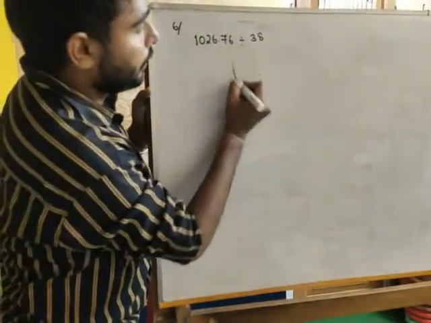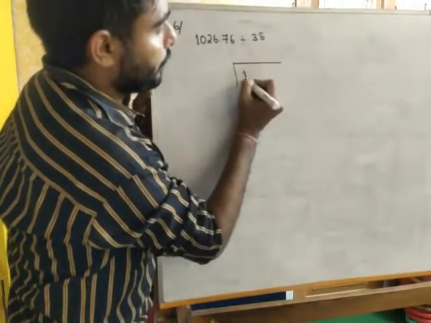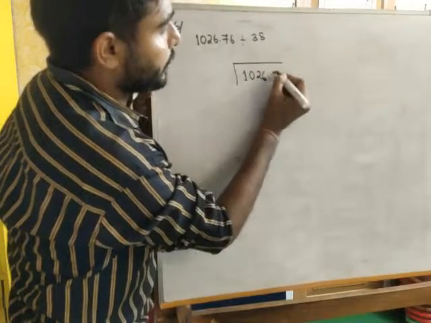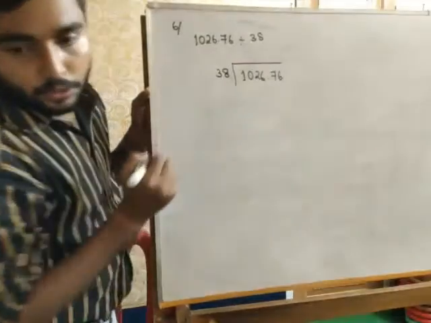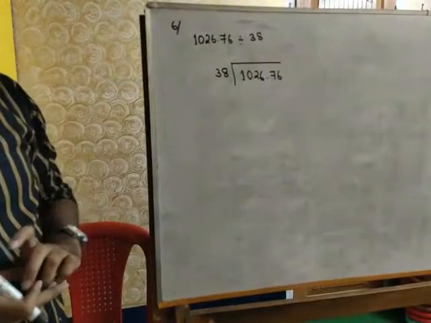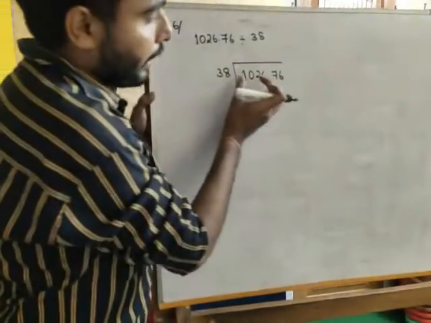So we will divide 1026.76 by 38. Now first of all you need to see the divisor and the dividend.